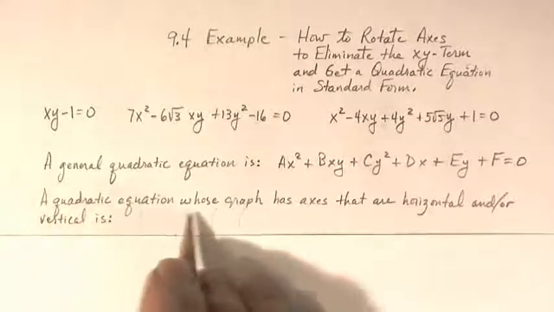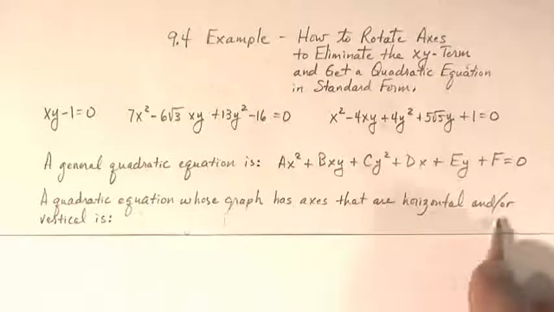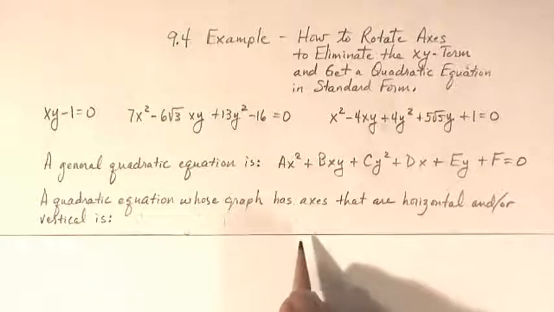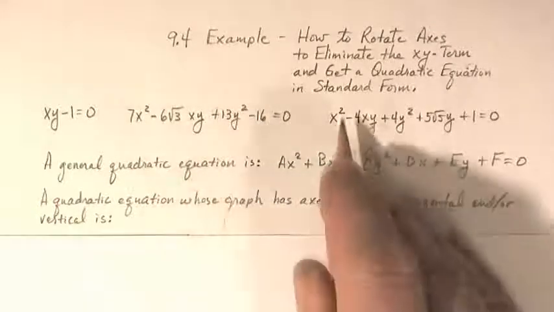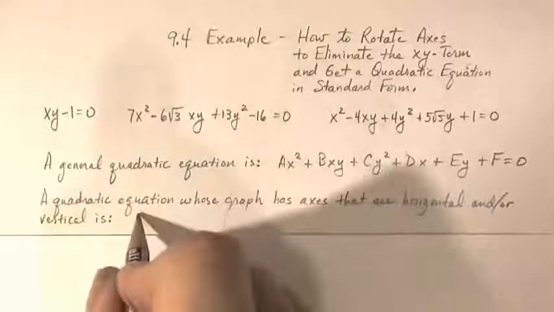A quadratic equation whose graph has axes that are horizontal and or vertical, that would be like ellipses like this or parabolas like this. This equation is missing the xy term.